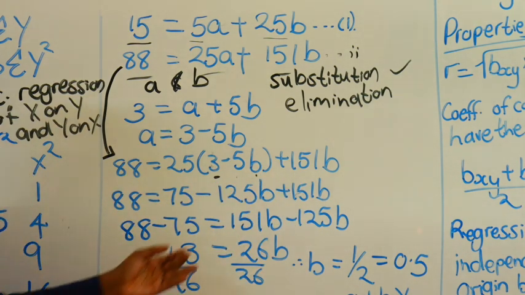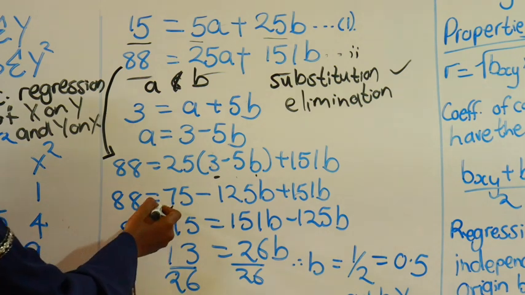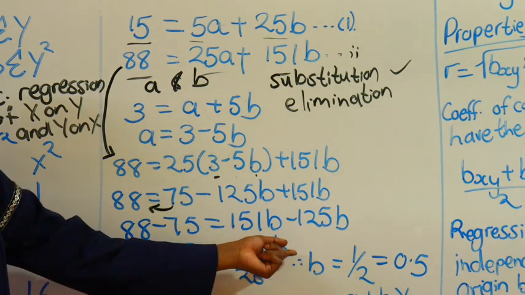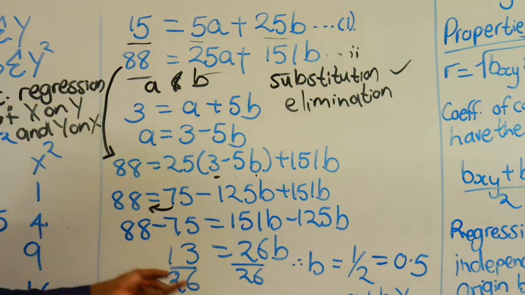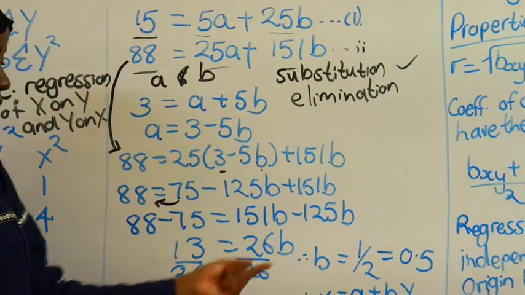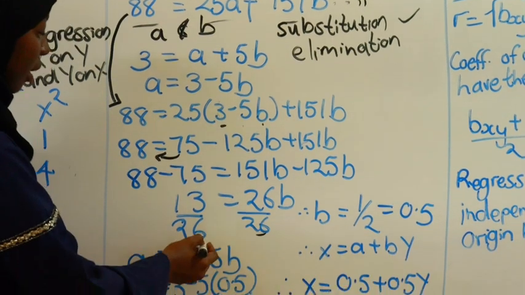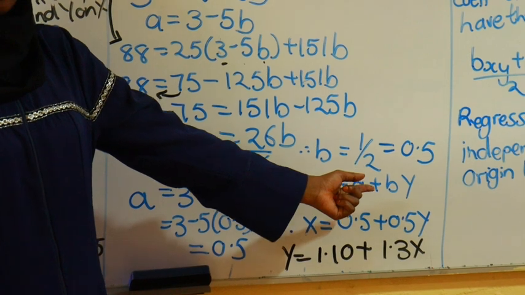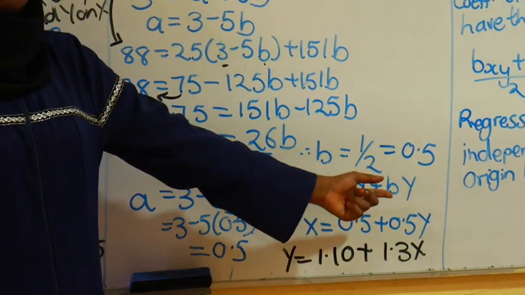You take like terms on the same side, so this one changes sign and becomes negative. 88 minus 75 is equal to 151B minus 125B. 88 minus 75 is 13, which is equal to 26B. So you divide by 26, and your B is going to be a half, which is the same as 0.5.